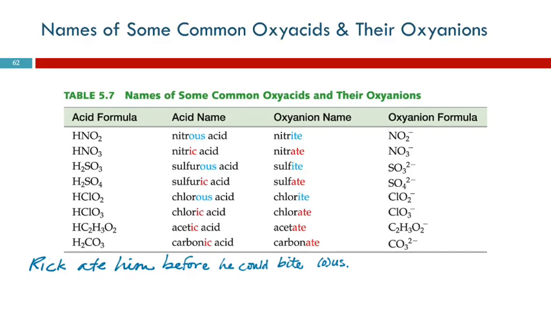And he ate the rat before he could bite us, something like that. Anyway, "ic" and "ate." I know I'm going over. I started late. "Ite" and "us." If you need to leave, go ahead and leave. I'm going to stop soon. "Ic" and "ate," "ite" and "us."